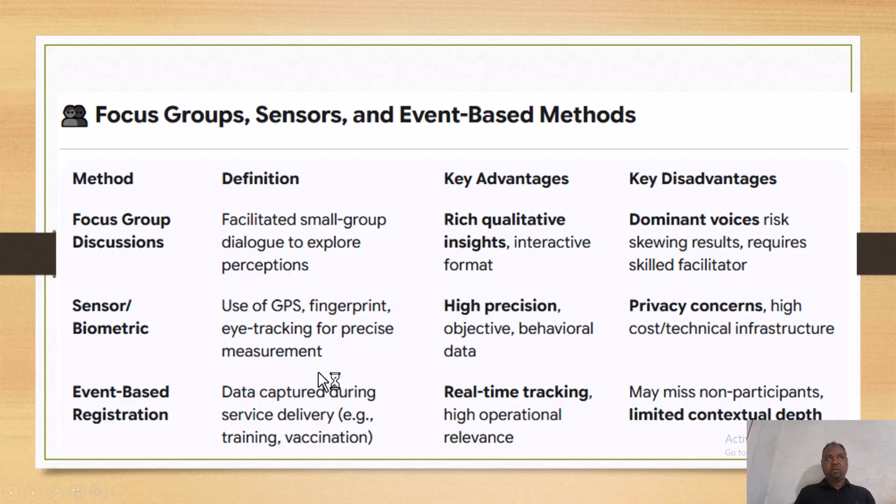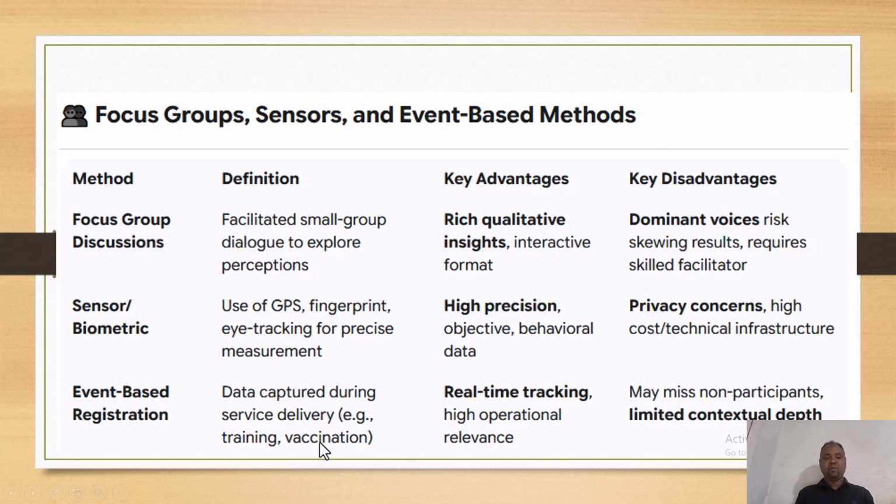We can obtain data through sensors, meaning the use of GPS, fingerprint, and eye tracking for precise measurement, through which high precision, objective behavioral data can be obtained. The disadvantages here are privacy concerns, high cost, and high technical infrastructure, right? Event-based registration is all about data captured during service delivery, on a training event, vaccination event, registration event, or customer queue, and much more.